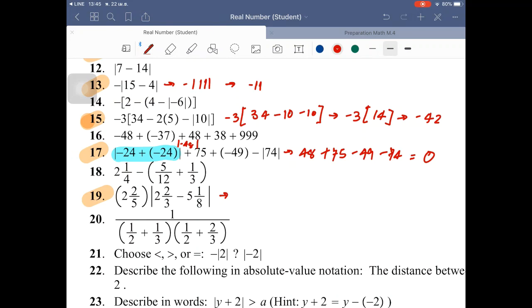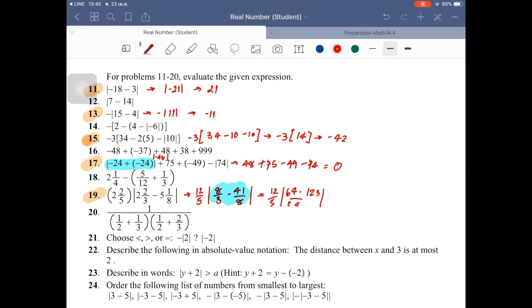And question 19. This one will be 12 over 5 absolute 8 over 3 minus 41 over 8. Simplify what is in absolute first by making the denominator equal. Okay, will be 12 over 5 absolute 64 minus 123 over 24. Can you follow me?